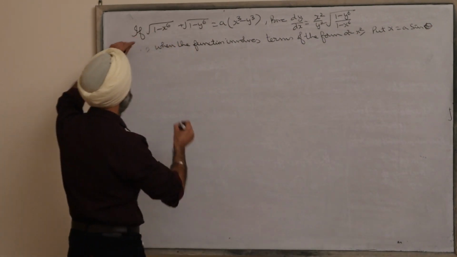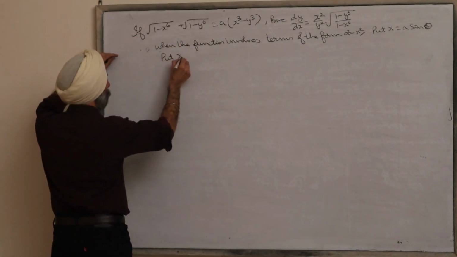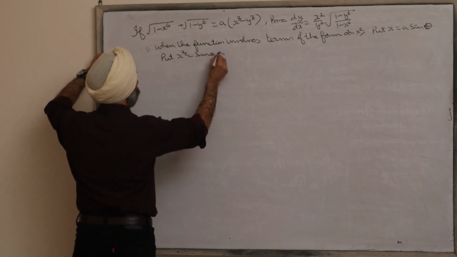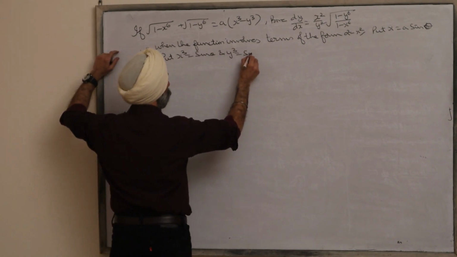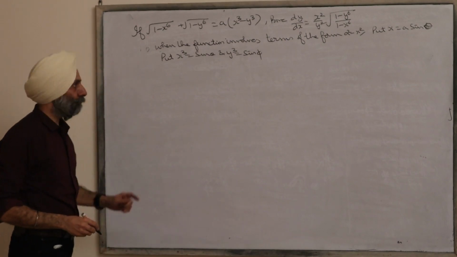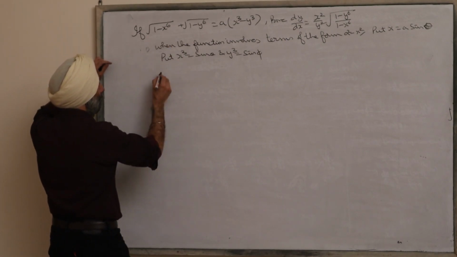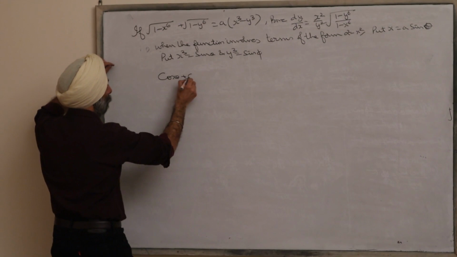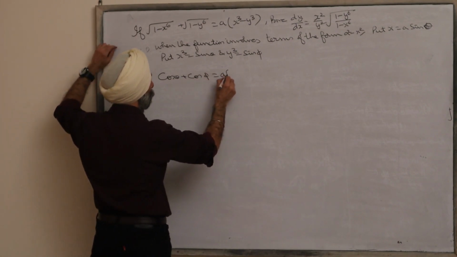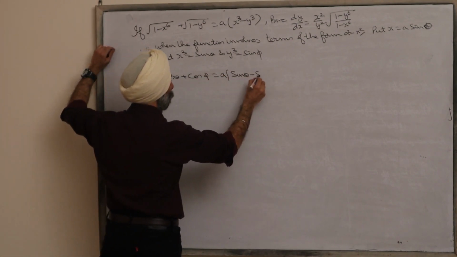So accordingly, put x³ equal to sin θ and y³ equal to sin φ. 1 − sin²θ is cos²θ, so cos θ + cos φ is equal to a into (sin θ − sin φ).